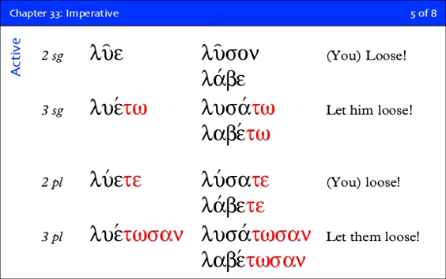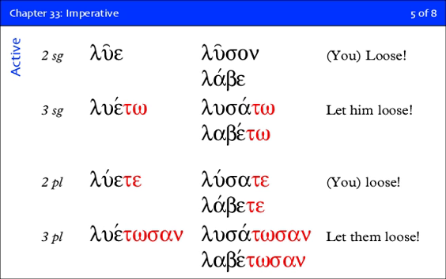So in the present active, you have lue, lueto, luete, luetosin. You can see the second person singular is the only problem. If you go into the aorist active, if it's a first aorist, it's going to be luson, or whatever stem you have. And if it's a second aorist, remember, second aorist uses the same forms that the presents do. So these patterns exist all the way through the different moods.